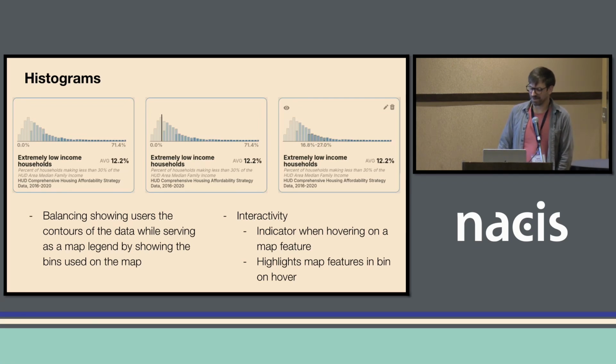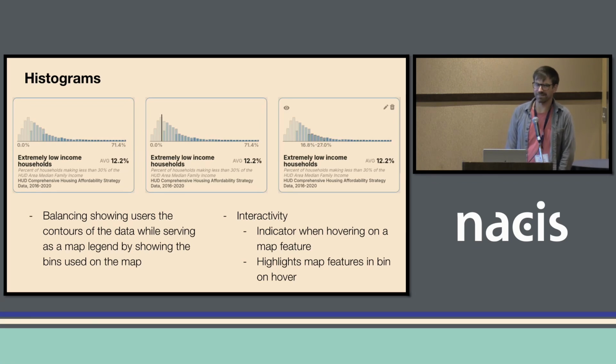Coming to this histogram, I'm not sure if you noticed, but some of the bars on the histogram are not all one color. That's because we wanted to ensure that we were doing an equal interval histogram bar situation, but also showing you what the map classes were.